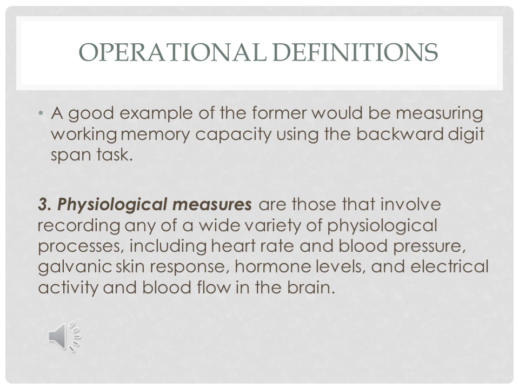This is the final operational definition, so mainly three: self-report measures, behavioral measures, and the third one, physiological measures. Physiological measures are about recording the physiological activity that is taking place.